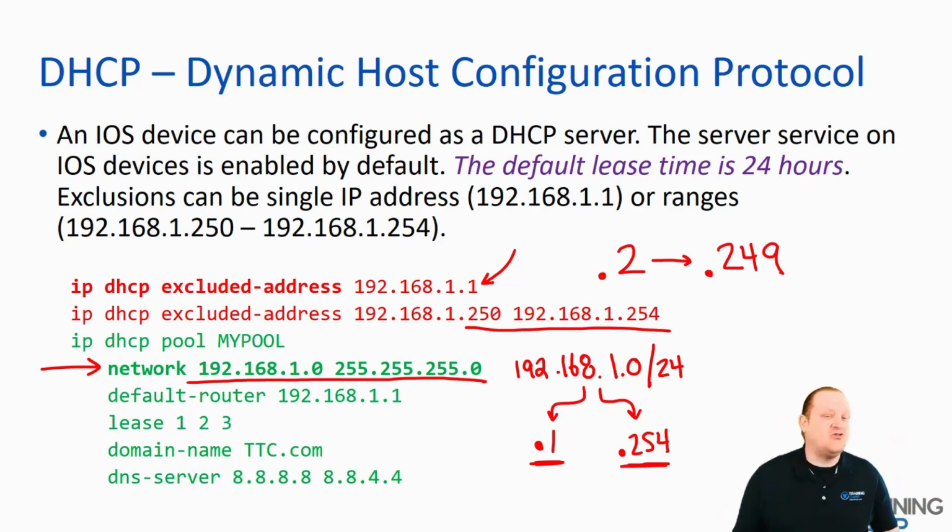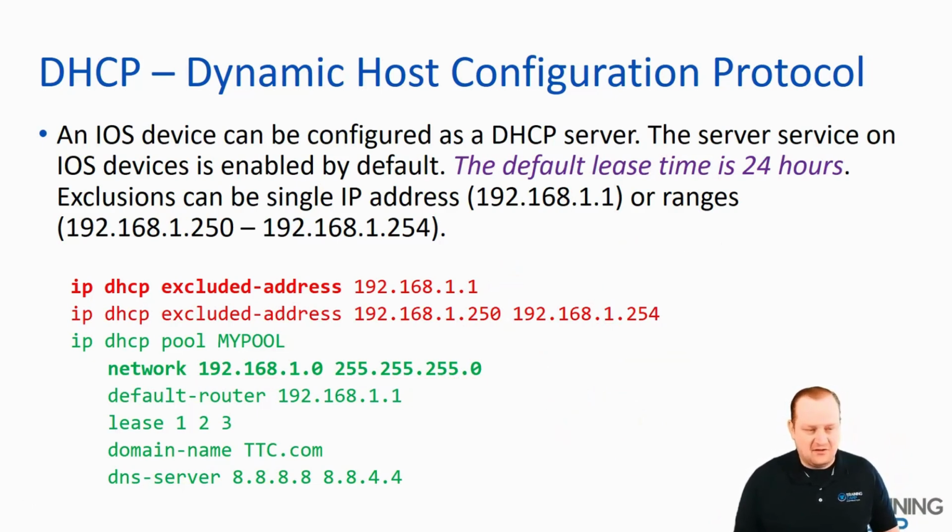Got to consider the exclusions and how that affects a range. But that is what I'm doing here. I am telling this router or switch, this is a range of addresses to be given out. Anybody who's given one of these addresses should use 192.168.1.1 as their default router, their default gateway.